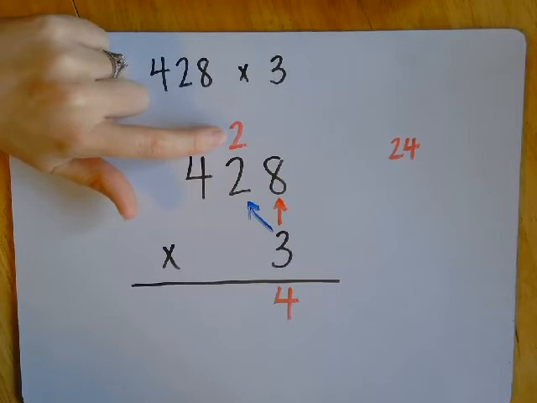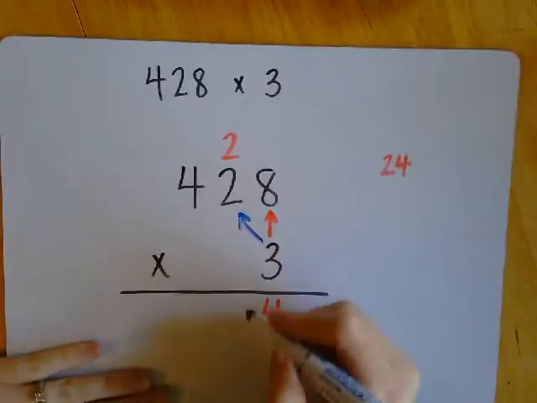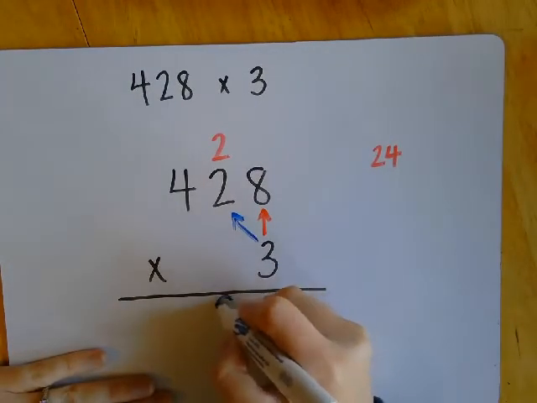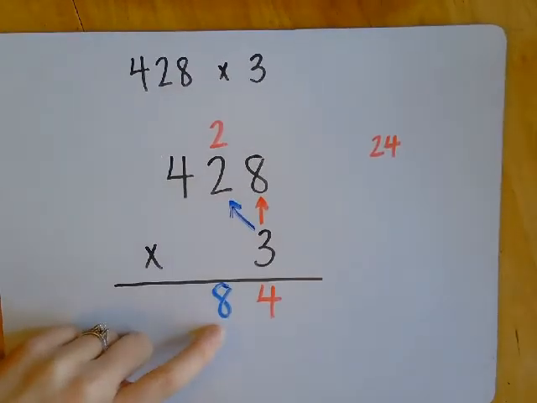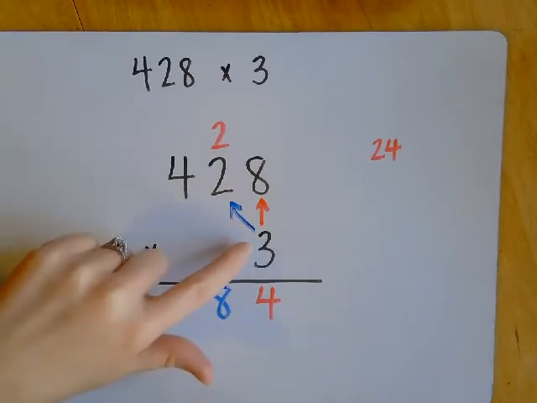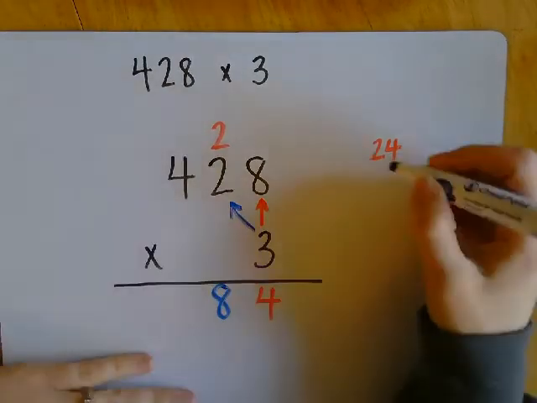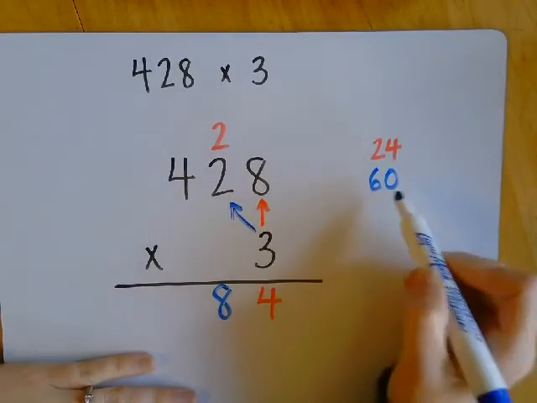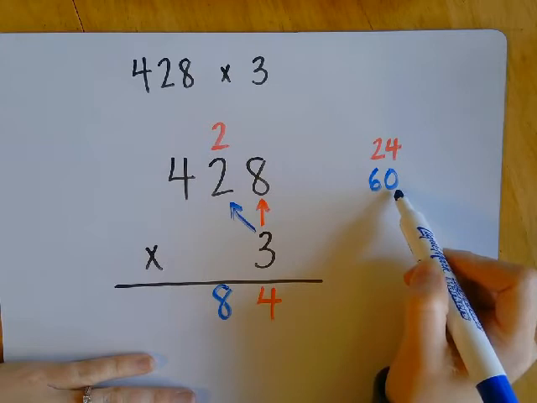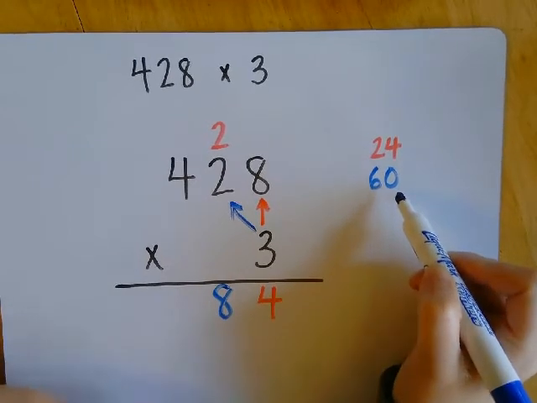So 6 plus 2 is 8. I know that this answer isn't actually 8, it's 80, because it's in the tens place. So if I had 3 times 20, I know that that is 60, because 3 times 2 is 6, plus 10 since it's in the tens place.